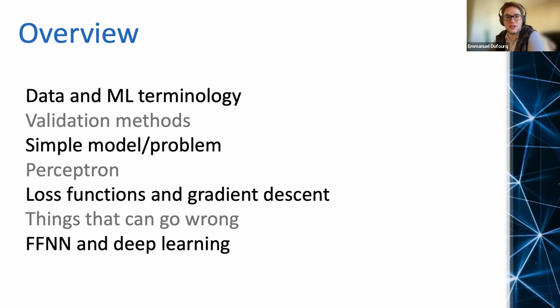So we'll start off by talking about some terminology and then some simple methods. We'll talk about what I like to call the smallest Lego in the building block of neural networks. We'll talk a little bit about how to train these neural networks and some of the things that can go wrong. And then we'll transition into the idea of feed-forward neural networks and deep learning.